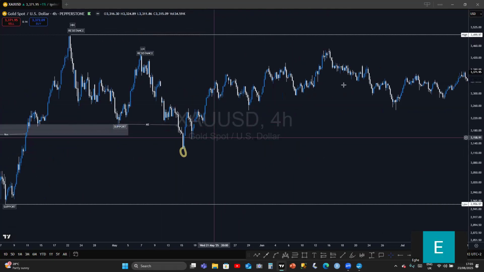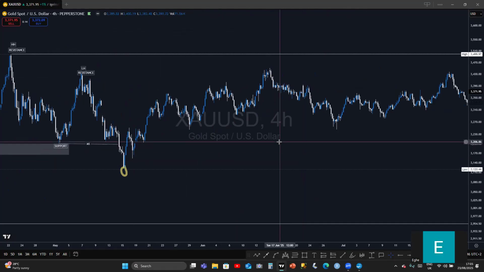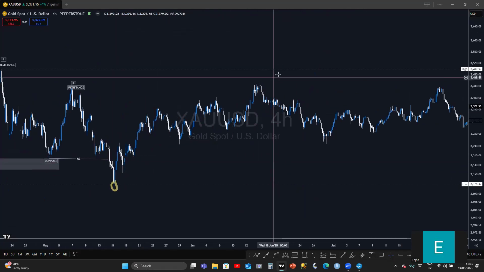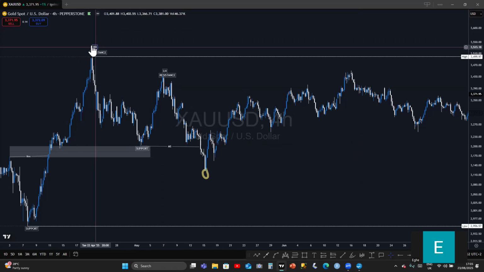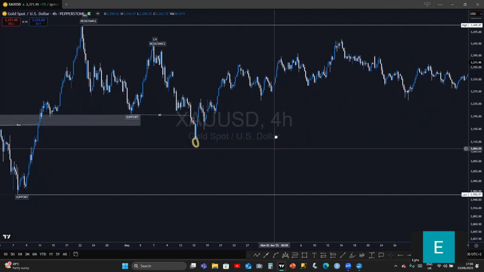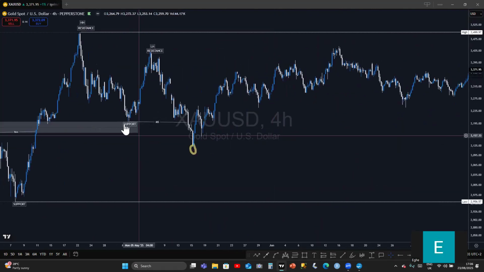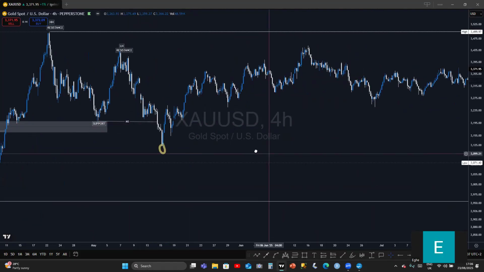after this change of character, price has not created another highest high. No, because this is still the highest high. This one is higher than every other high that you see here. So now we have noticed that this point here is a change of character.